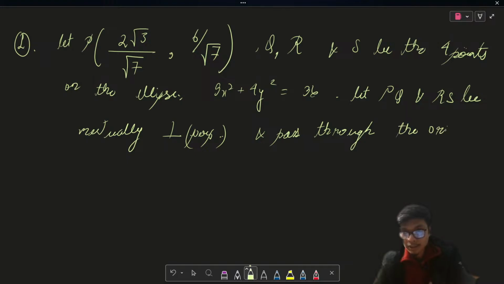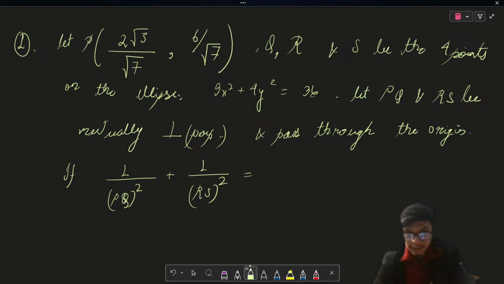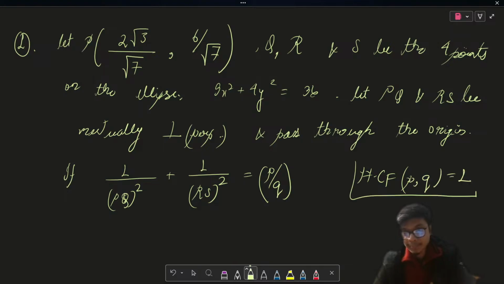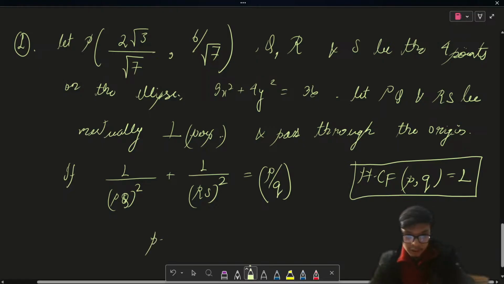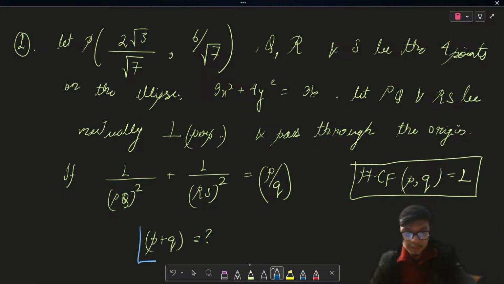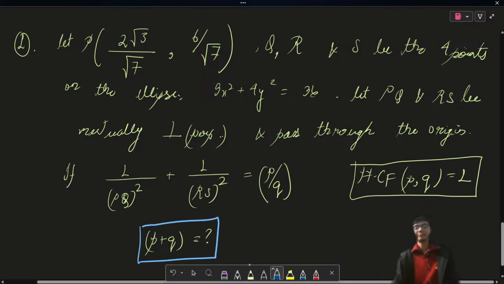Now if 1 upon PQ square plus 1 upon RS square is equal to small p upon q, where p and q are co-prime numbers, that is the HCF of small p and q is equal to 1, then you have to find out the value of small p plus q. So you have to find out this expression. Please give a try.